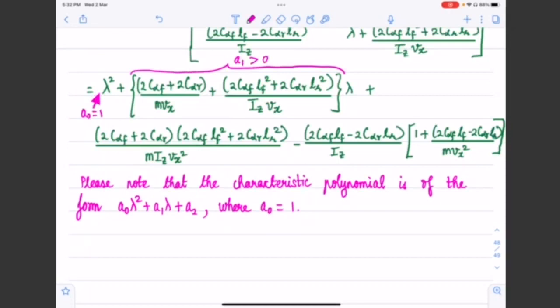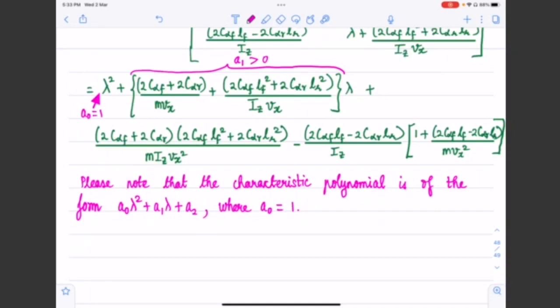Although we don't know the numerical values of C alpha f, C alpha r, m, vx, lf, lr, and so on, if you look at the expression per se, all the parameters that appear in the expression for a1 are all positive. So consequently, we can immediately say that a1 is going to be a positive real number. I'm sure all of us can agree with it.